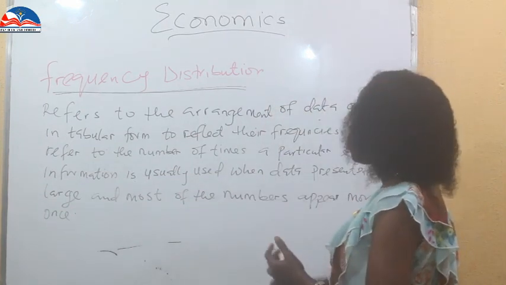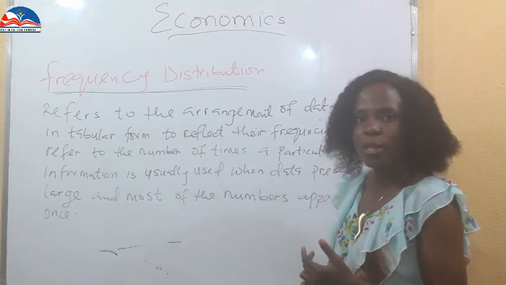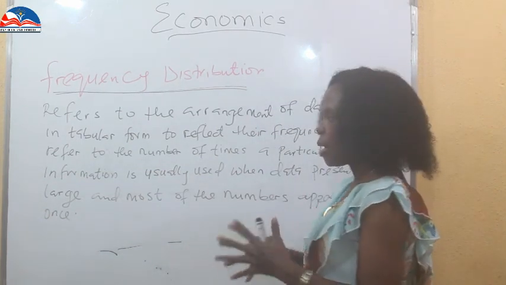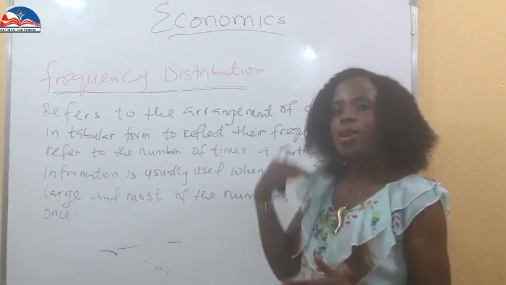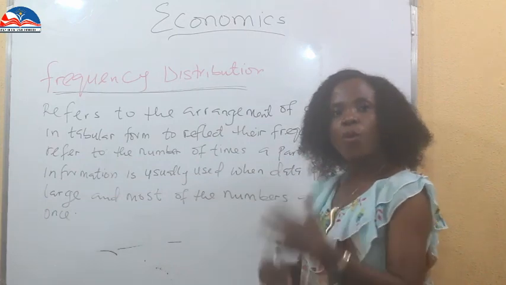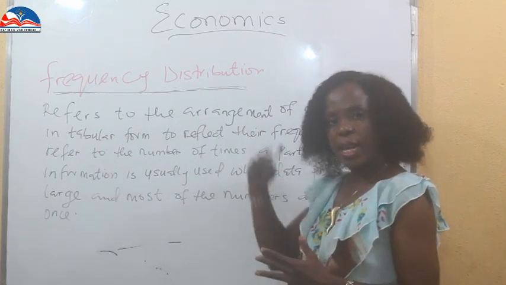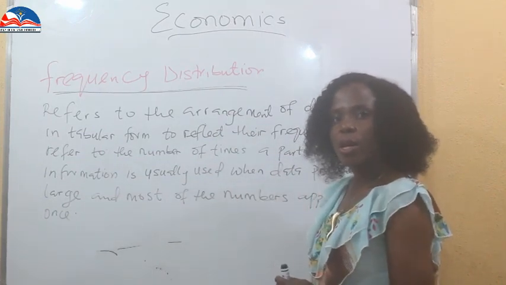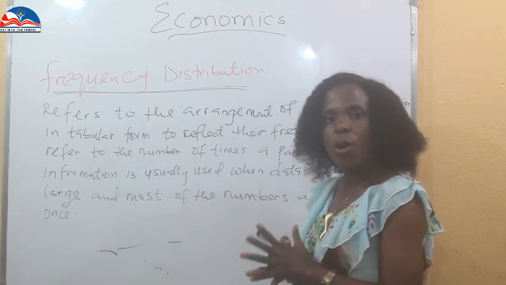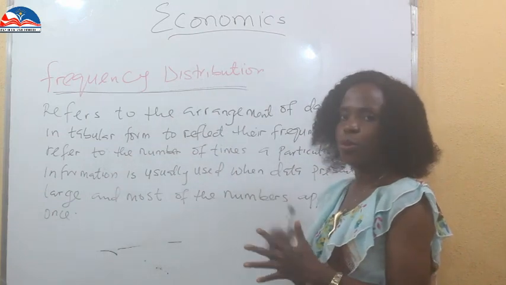That is one. Then it reflects the frequency at which a number appears. That's another thing. Then numbers can appear more than once. We're going to see how to tabulate this in the example I'm going to give. That way it will help you to do questions that will come from frequency distribution.